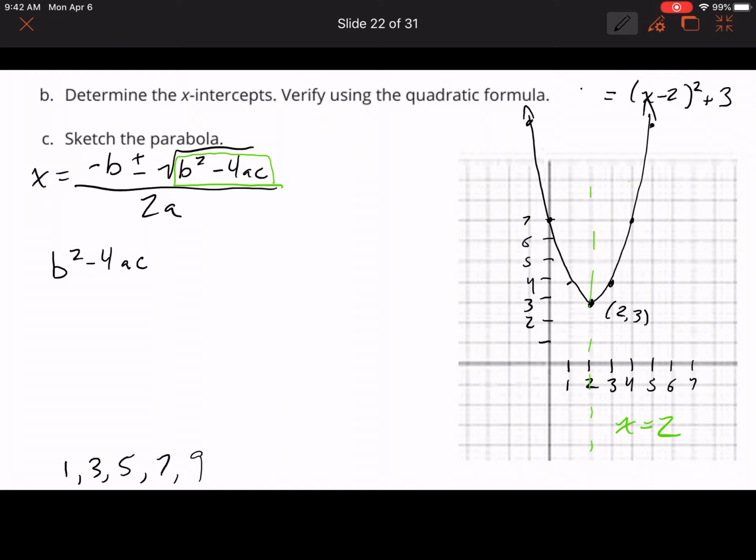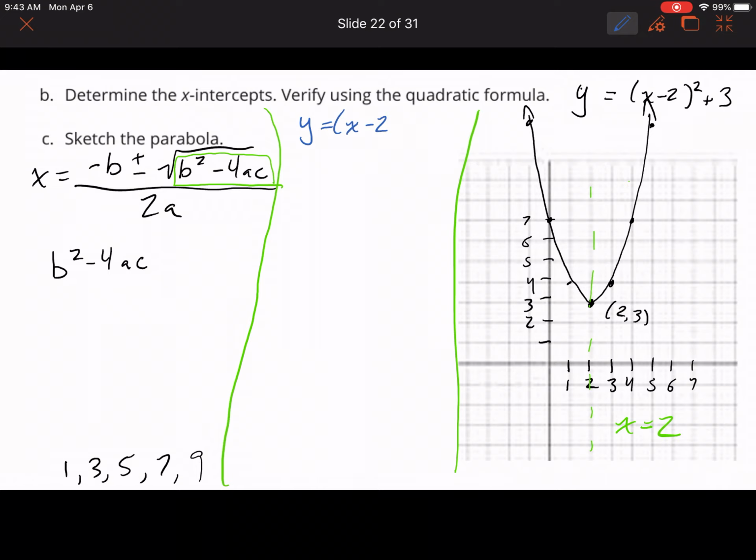and I fill in, so we need to first figure out what our equation is in standard form. So let's separate this and make some more room. So I need to figure out what standard form is. So I need to expand this.